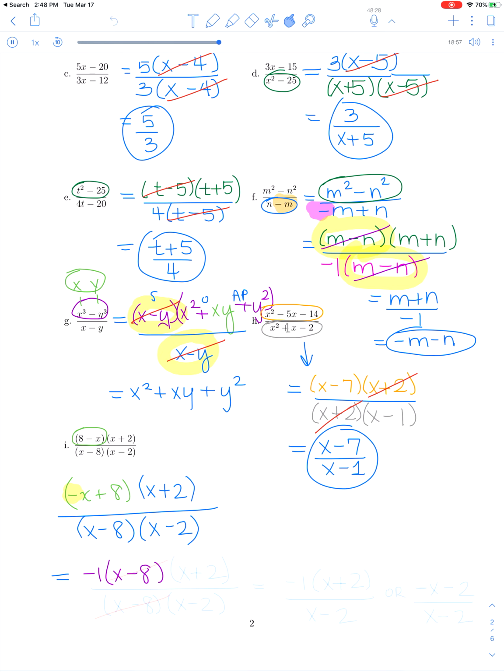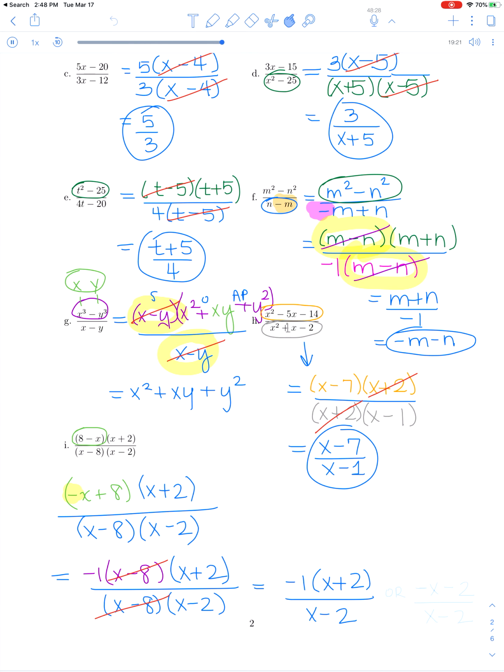Now it matches up with the term below it, the x minus 8 that was on the denominator. So now they are identical, the two matching x minus 8s, so we can cancel those out between the top and the bottom.